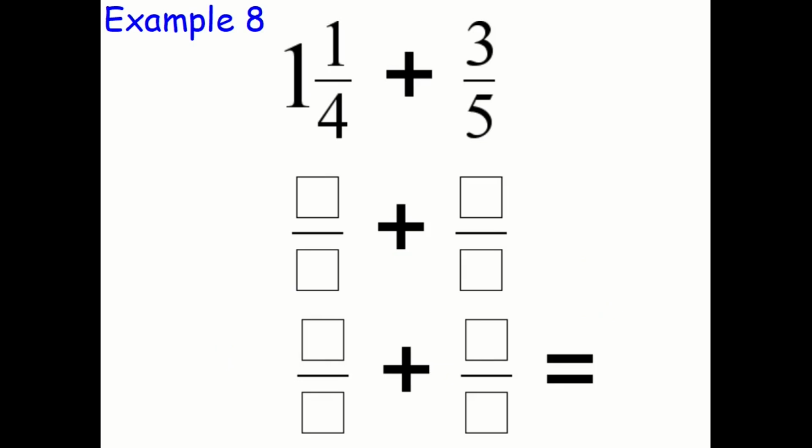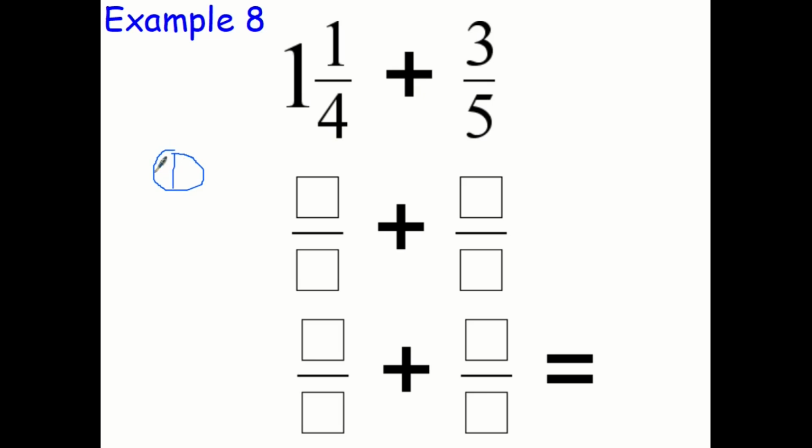Example 8. Okay, so we now have a mixed number. And that means that we need to change it into an improper fraction to start off with. Okay, so 1 1/4, let's just do a really rough diagram.